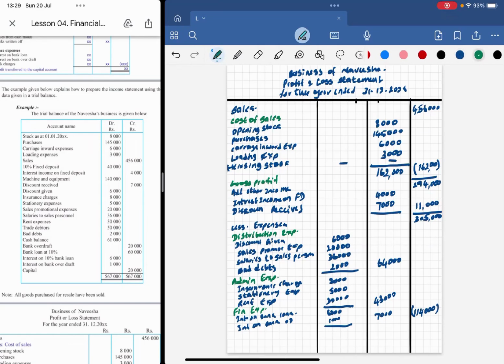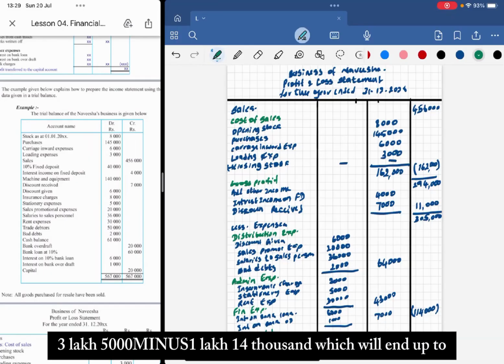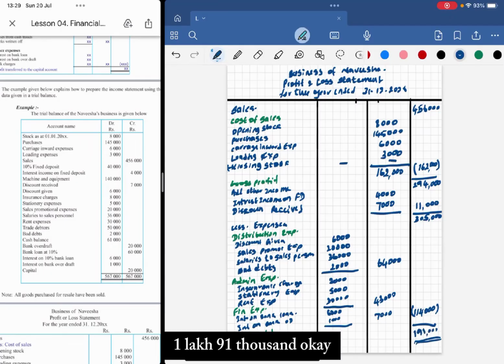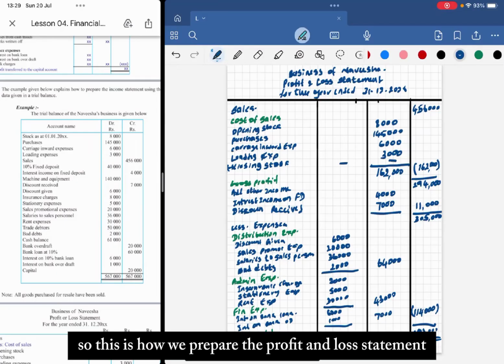Then finally, the net profit will be how much? 3,05,000 minus 1,14,000, which will end up to 1,91,000.